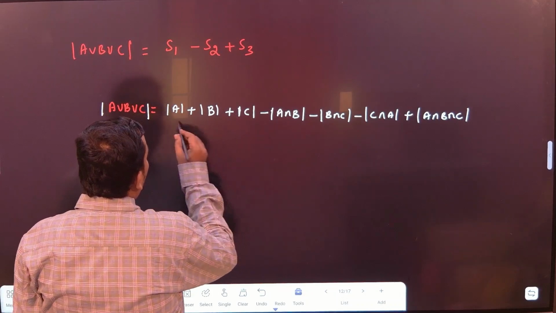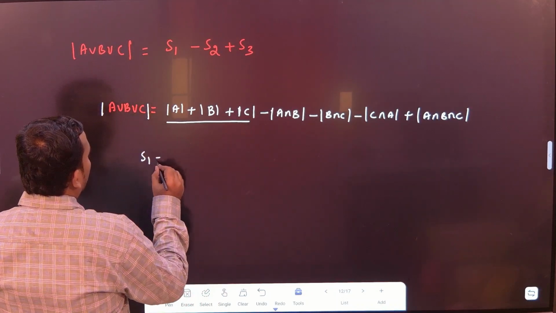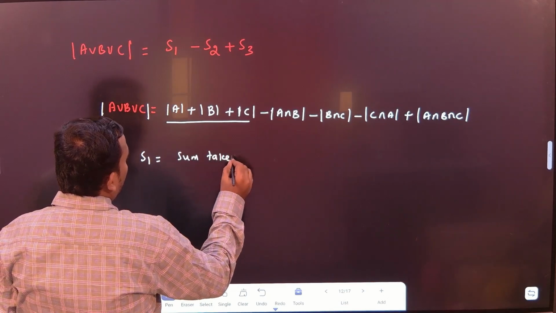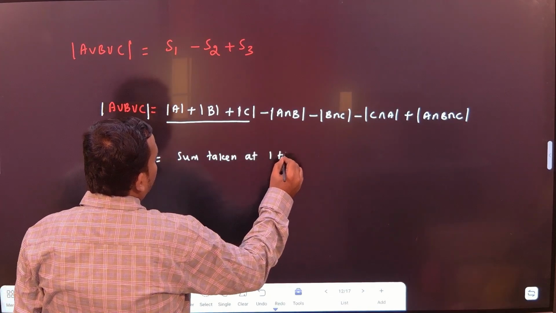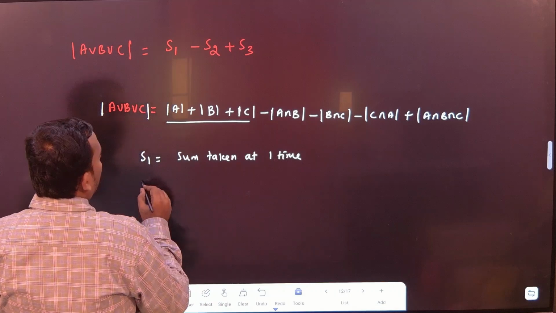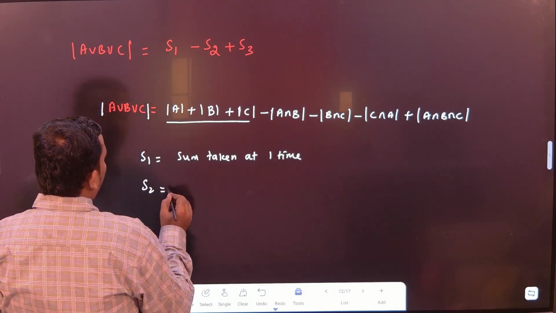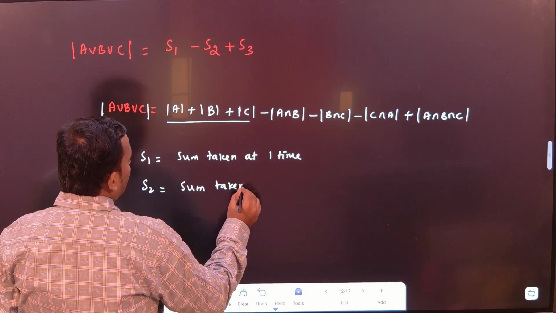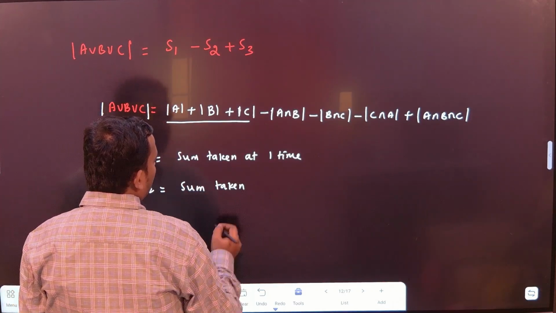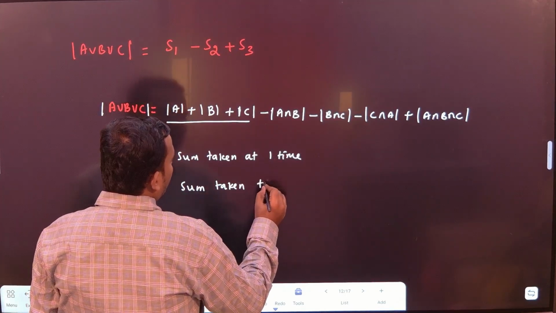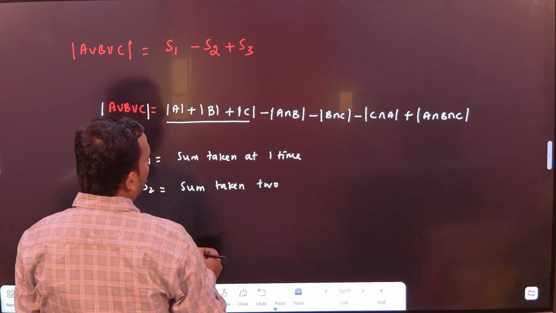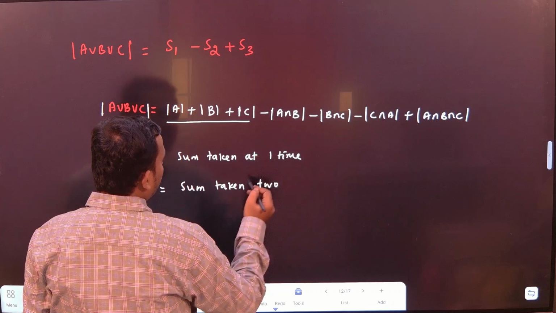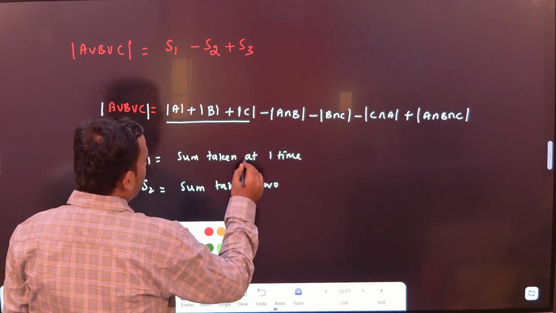Now the sum S1 is what actually? Sum taken 1 at a time, and S2 you can say sum taken 2 at a time, right?